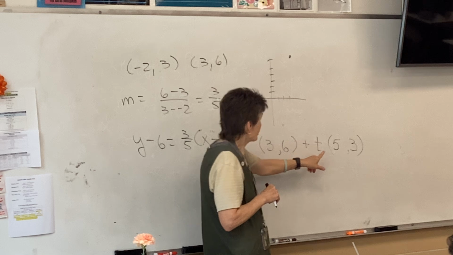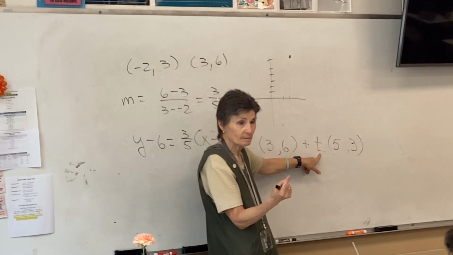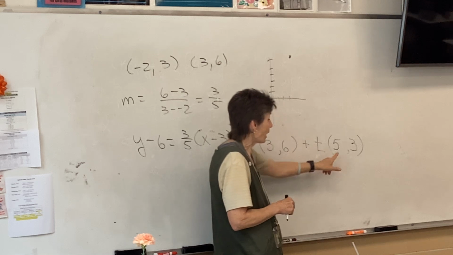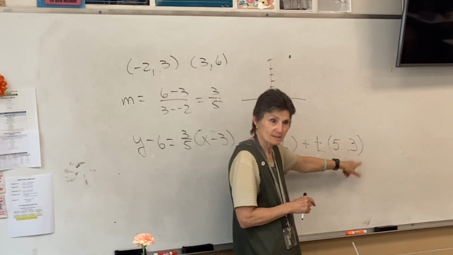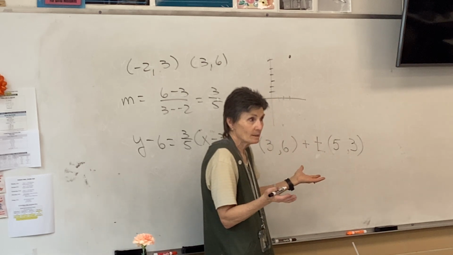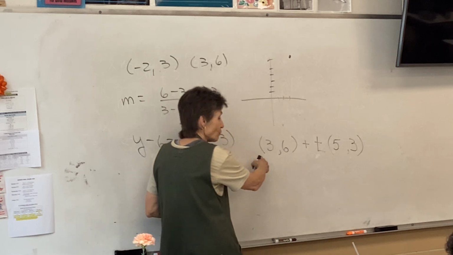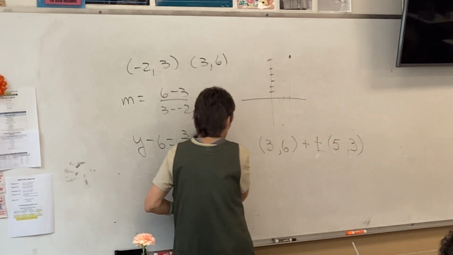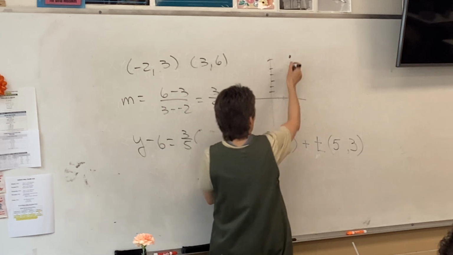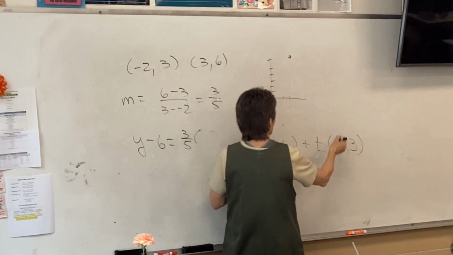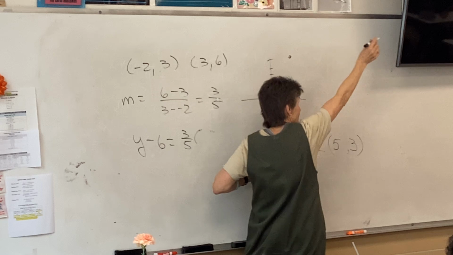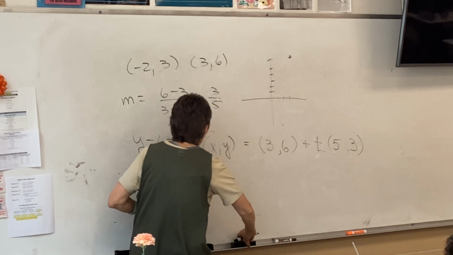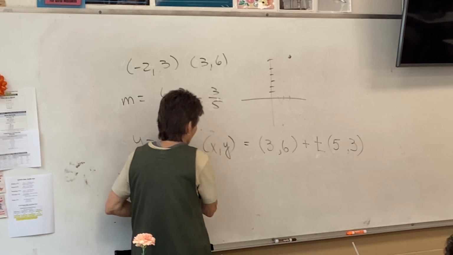Okay? So if t is 1, I would go right 5 and up 3. If t is 2, I would go right 10 and up 6. Now, that describes the new points on my line. So if I start right here and go multiples of over 5, up 3, I'm going to get the new points on my line, the new ordered pairs on my line.